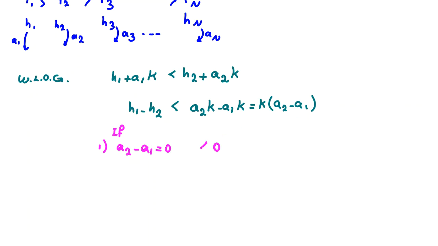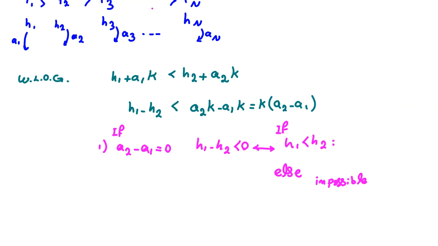Then we know the right side should be 0 and the left side is H1 minus H2. Let me write it here. H1 minus H2, and so H1 minus H2 less than 0. So it is equivalent that H1 should be less than H2. If we don't have H1 less than H2, we know that it's wrong, so you should say it's impossible or print -1.